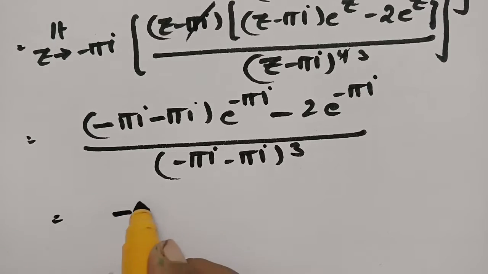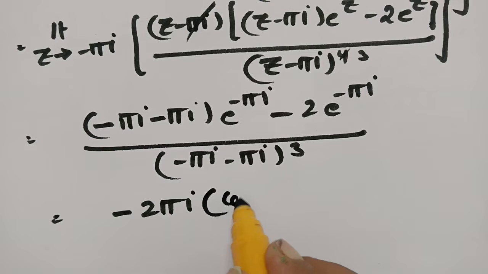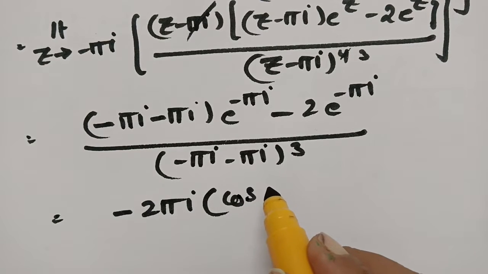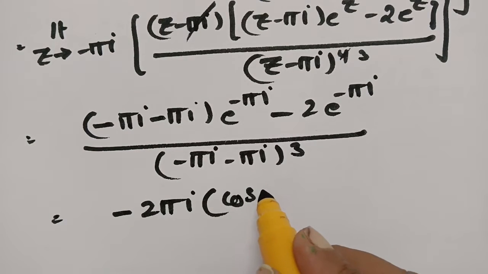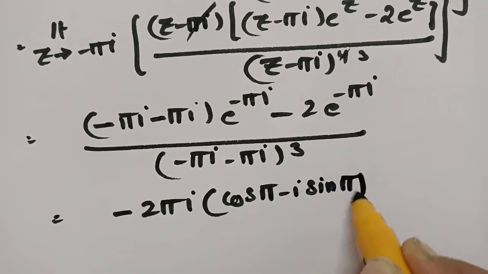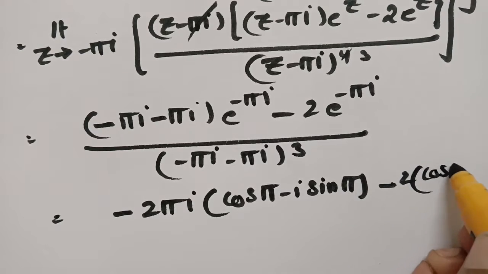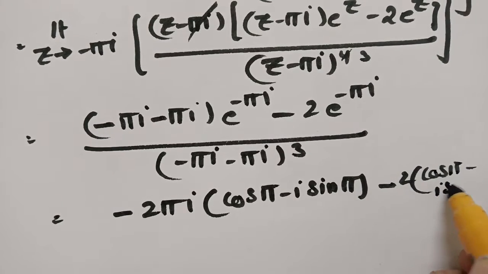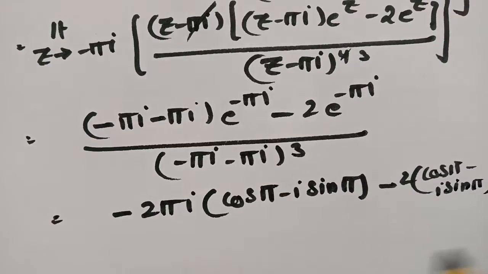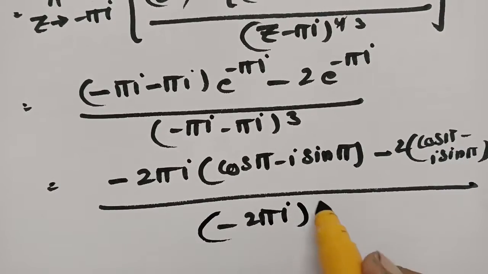So this value will be minus 2 pi I into, so this can be written as cos pi minus I sin pi, clear? Minus 2 times of (cos pi minus I sin pi) by (minus 2 pi I) whole cube.